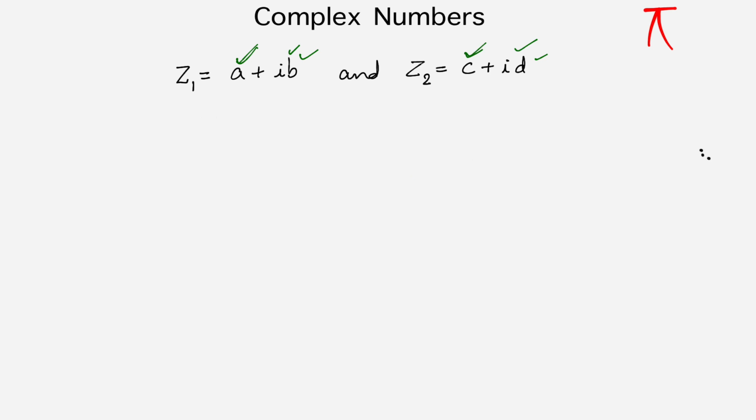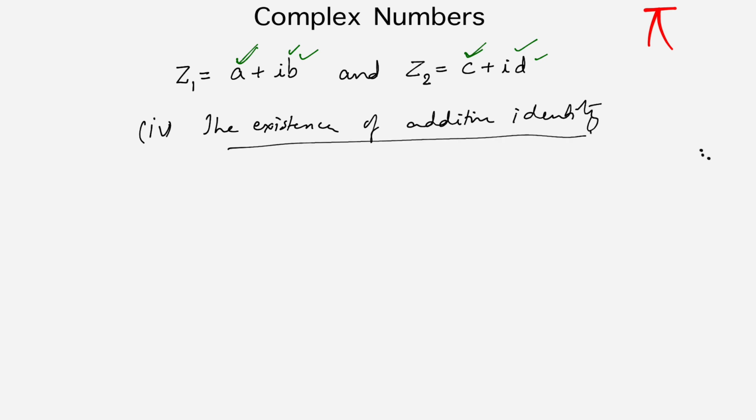And then we have the fourth one, that is the existence of additive identity. It says that if a complex number Z is added to 0, it remains Z. So there is no change in the complex number if it is added to 0.